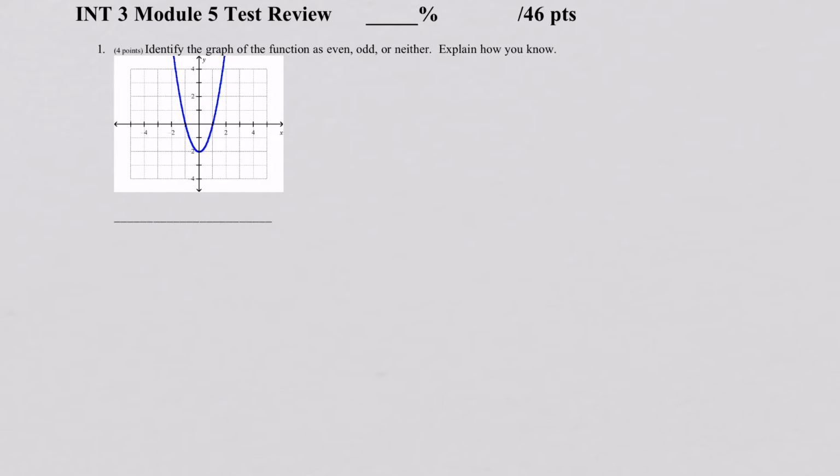Number one. Identify the graph of the function as even, odd, or neither, and explain how you know. I'm going to start this one by defining what even functions and odd functions look like. Let's start with even functions. An even function, if you're doing it algebraically, meaning not on the graph, you substitute in negative x for x.